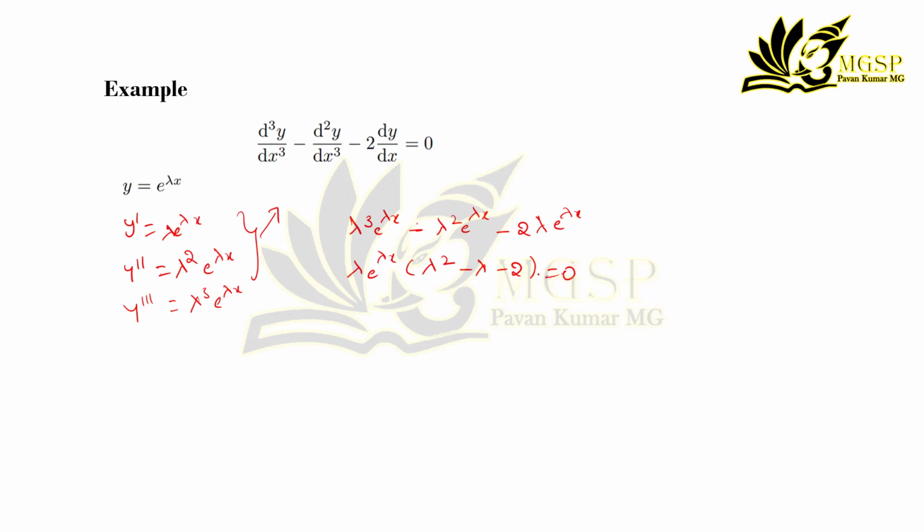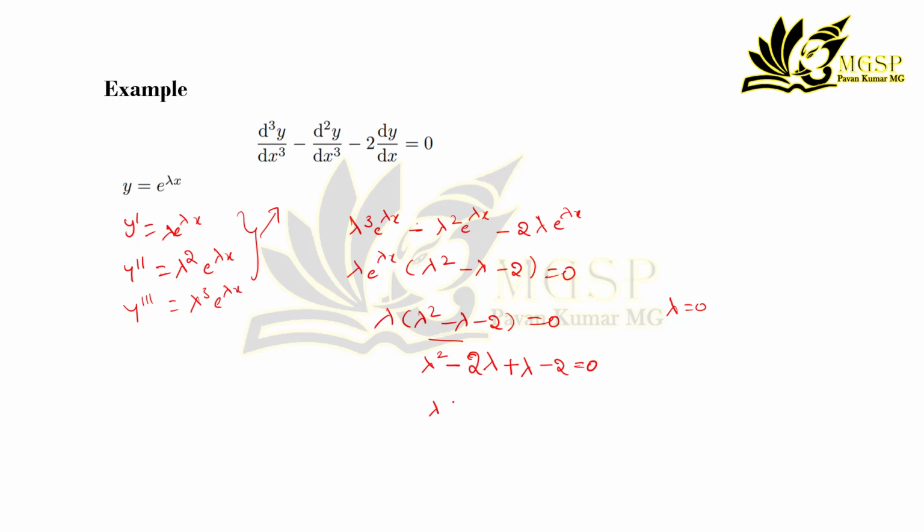Now transfer these terms to this side and the e power lambda x will be going that side. So lambda times lambda square minus lambda minus 2 is equal to 0. So roots will be lambda is equal to 0, and when you solve this expression, lambda square minus 2 lambda plus lambda minus 2 is equal to 0.